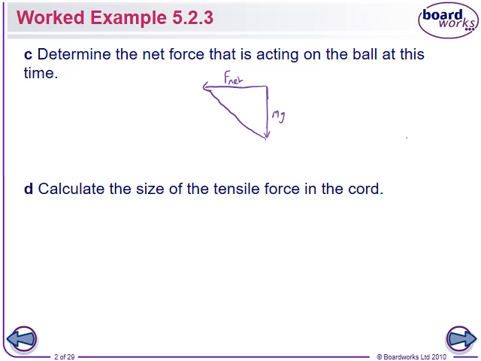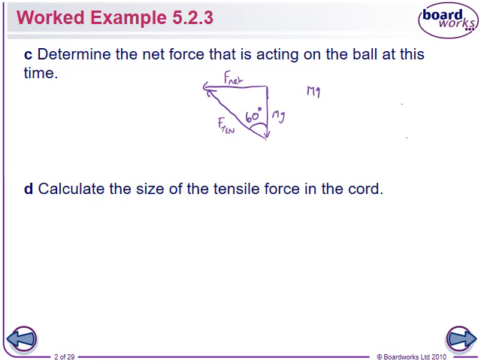And we know our tension force is acting up and to the left. We also know the angle between our tension force and mg is 60 degrees. How does that help us? Well, we can find mg.